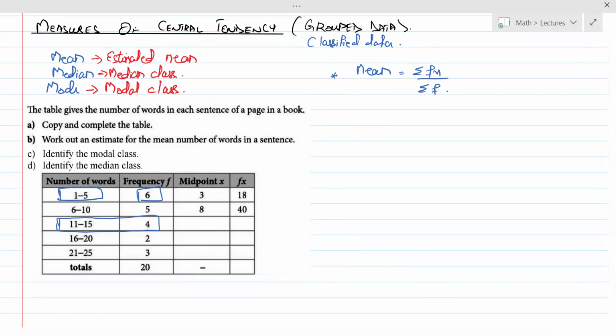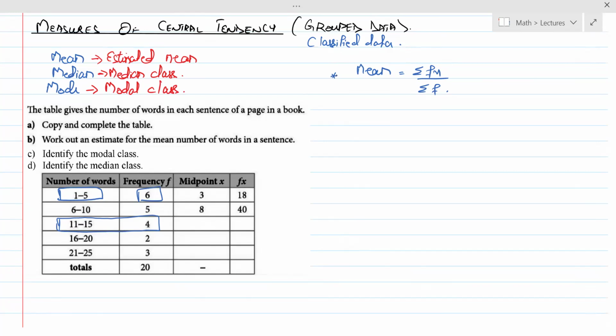Here the data values are given as classes. For example, number of words represents the data values, and here we have a range of data values, unlike ungrouped data where we had single values or raw data given to us. Here we have group data given and we have the classes made.